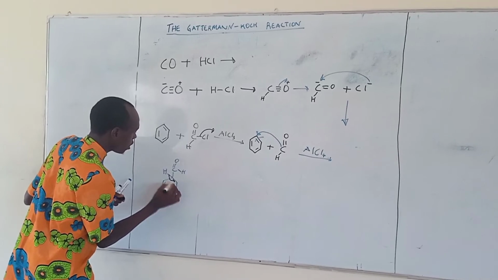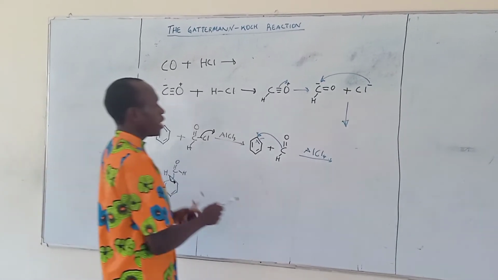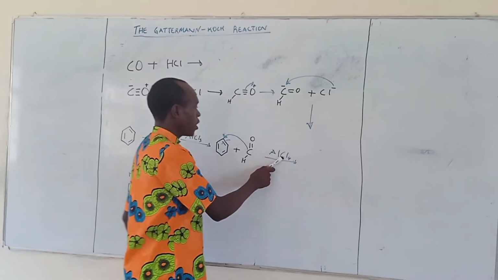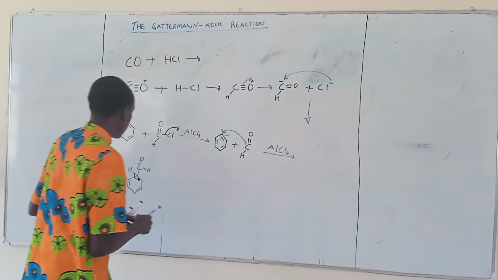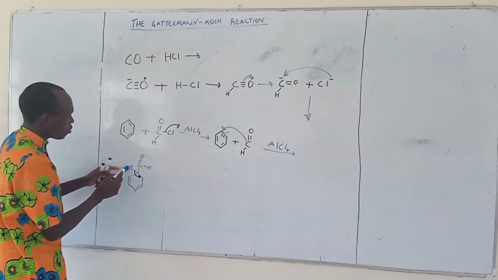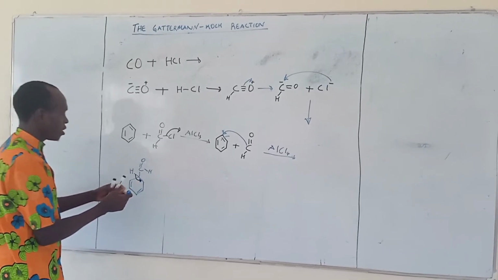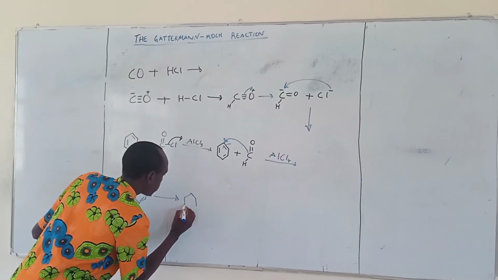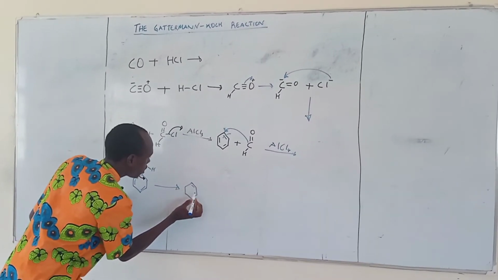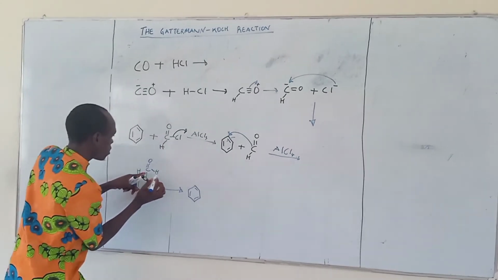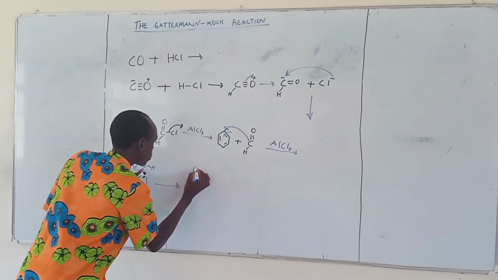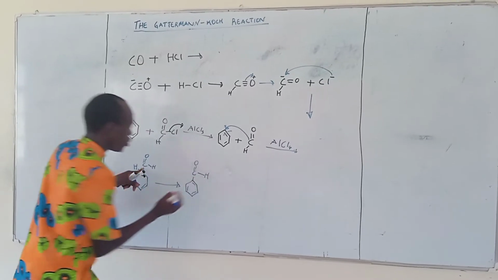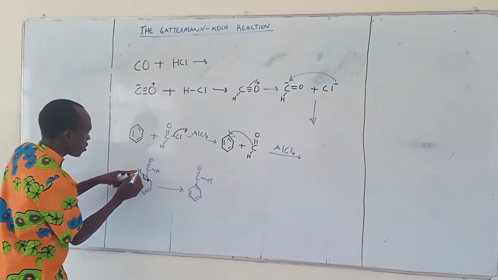This hydrogen will combine with one chlorine in this complex compound formed here, so that it forms hydrochloric acid. And before that, this hydrogen will collapse and reinstate the aromaticity. So we shall have benzene having regained its double bond here, and then this carbon with one oxygen bonded to H, because this is gone.